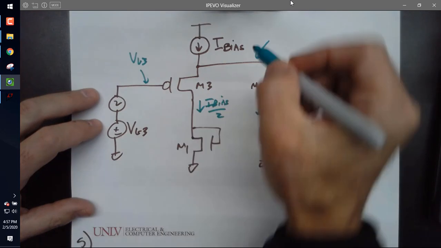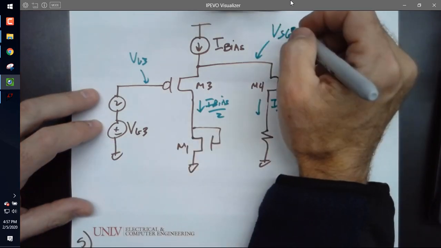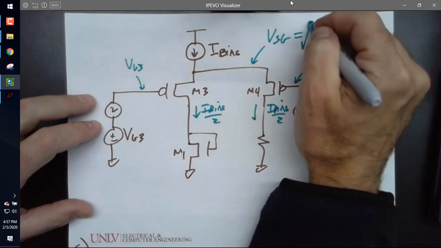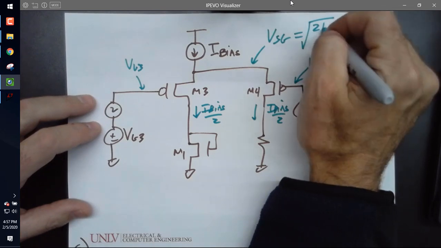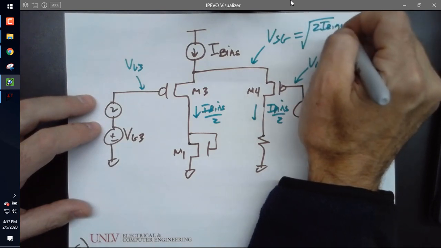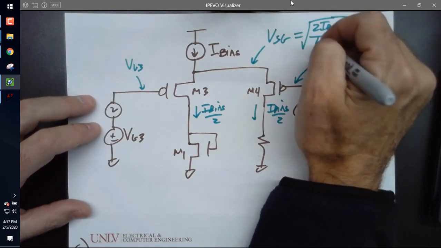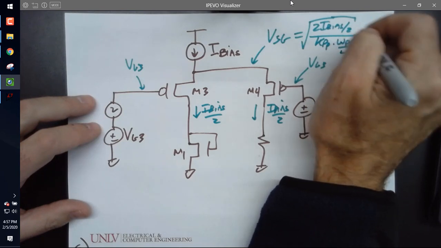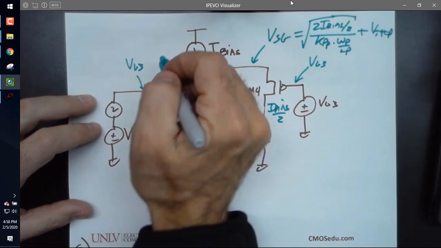Yeah, I calculate VSG first, which is equal to what? 2 times I bias over 2, divide by Kp sub P times Wp over Lp, if we want to use that, plus V threshold P. So what is this voltage then?